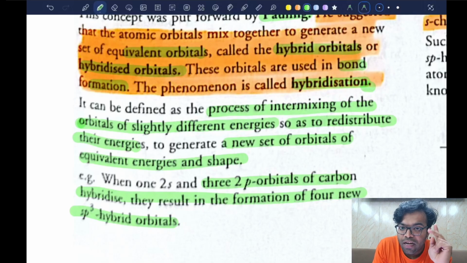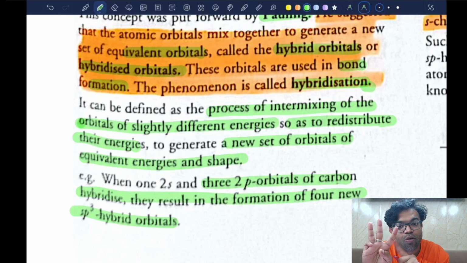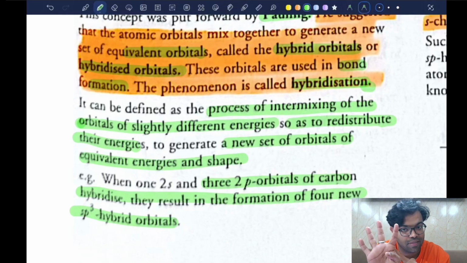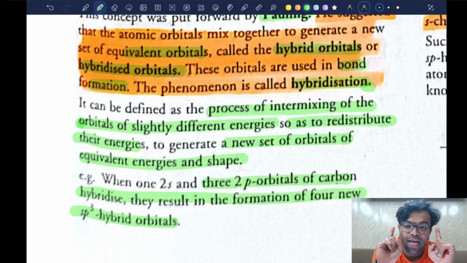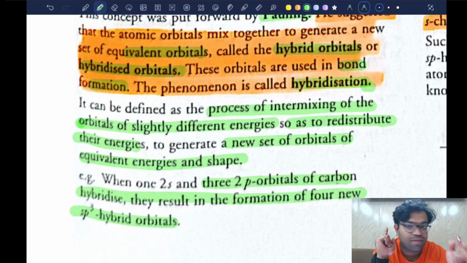If one s and two p orbitals combine, you get three sp2 hybrid orbitals. If one s and three p orbitals all combine together, you get four sp3 hybrid orbitals. Understood? The number of orbitals actually participating in the hybridization will be the number of hybrid orbitals. The number is going to be the same. Are you able to follow with me?